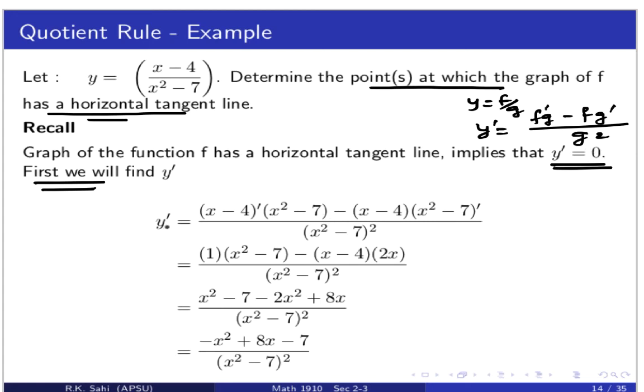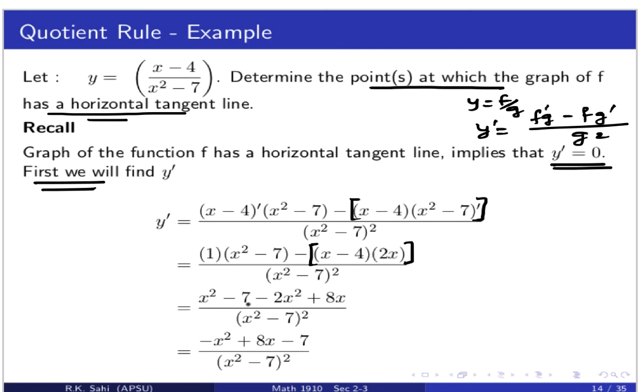Okay. So y prime is what? X minus 4, the whole prime, times x squared minus 7 minus x minus 4 times x squared minus 7 differential. So when I take the differential of x minus 4, it is 1 times x squared minus 7 minus x minus 4 times 2x, and then it's pure algebra.